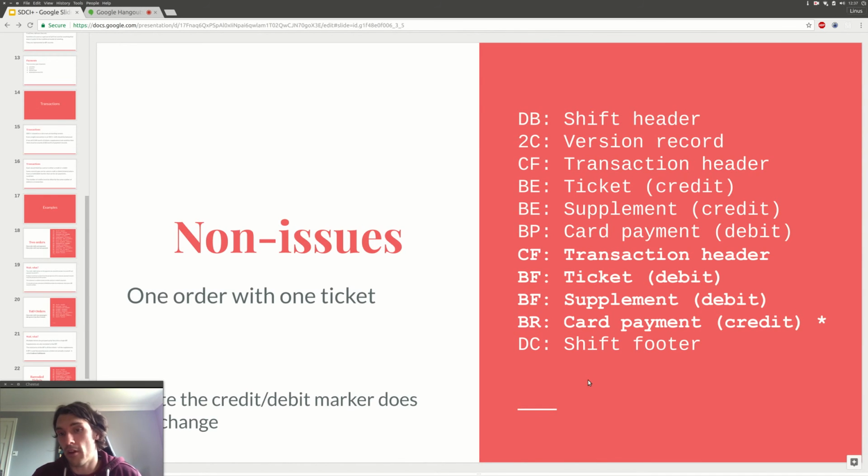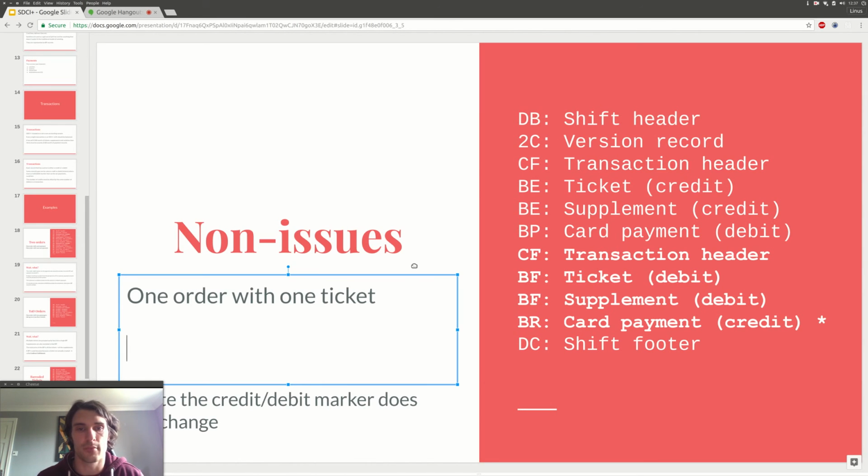So where you have a card payment here, the credit debit marker will be set to D for debit. However, when you're adding everything up to make sure the transaction balances, it counts towards the credit columns. Again, it's slightly unusual, but it's just down to how it all works out.